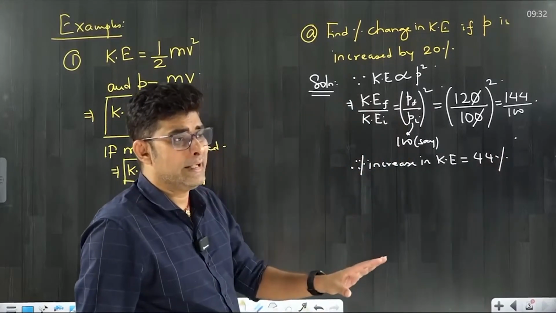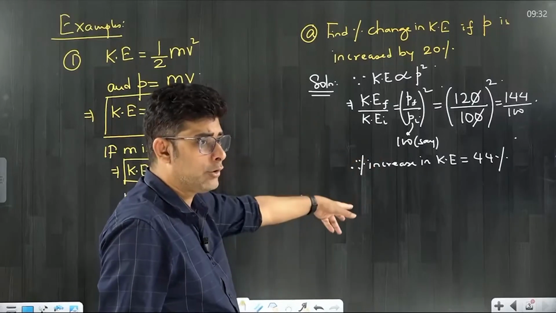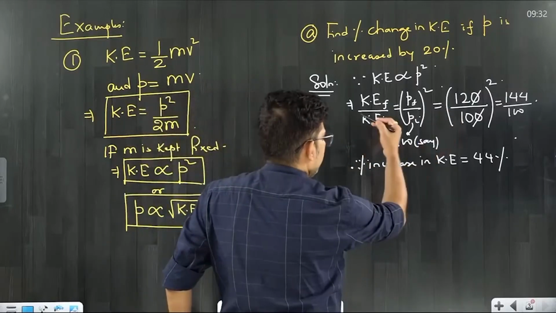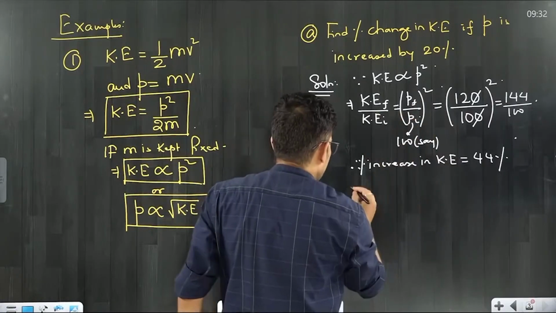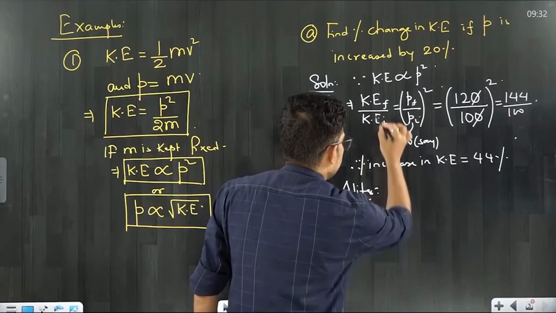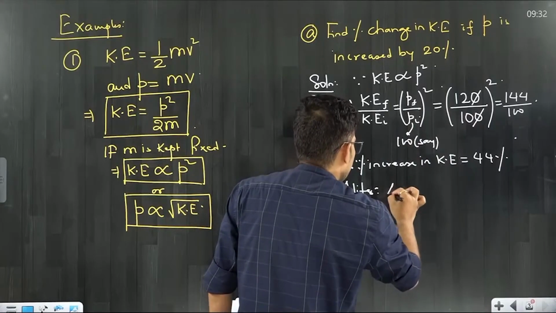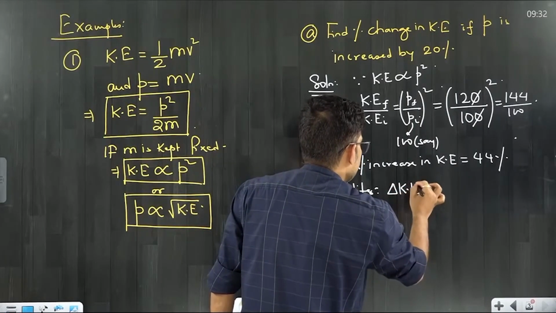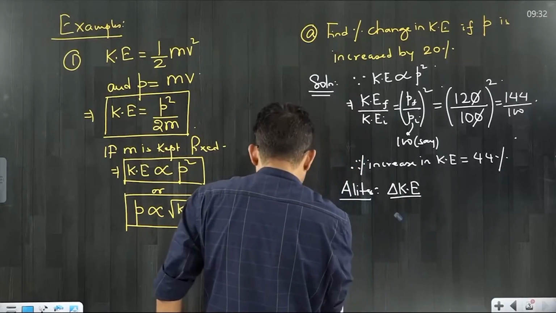Now those who did not get it, you can understand it in the way which we have already seen. If you did not get how it is 44%, how can we think? Alternately, I can say KE final by KE initial is this. For percentage, we have to find delta KE by KE initial.